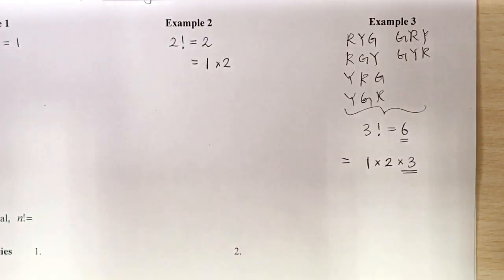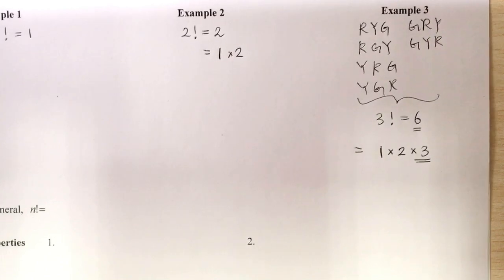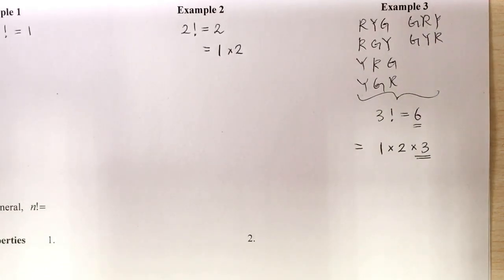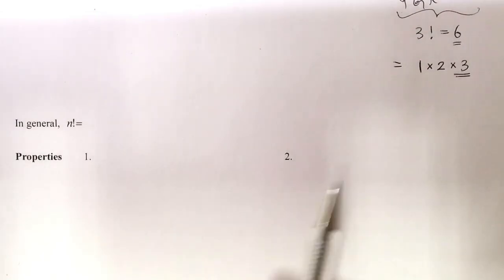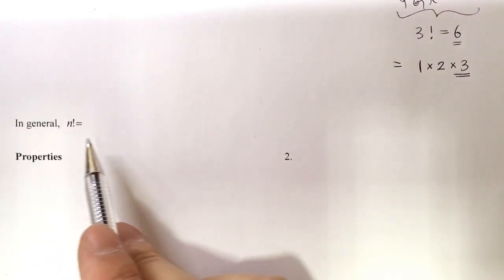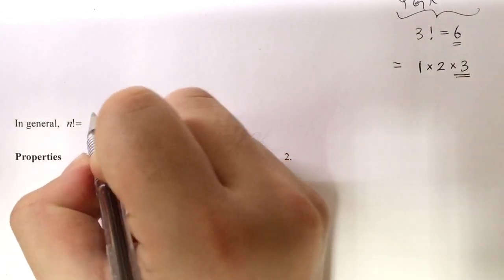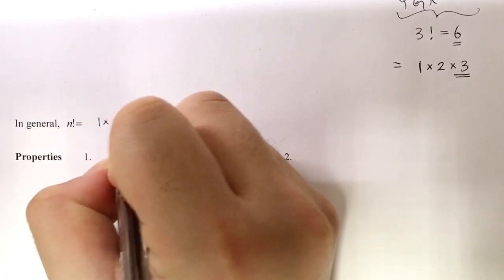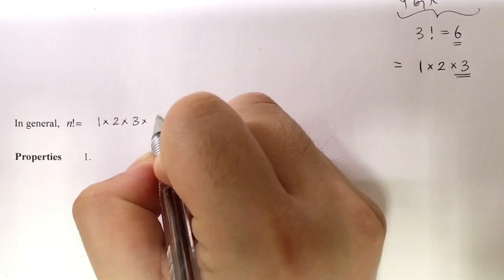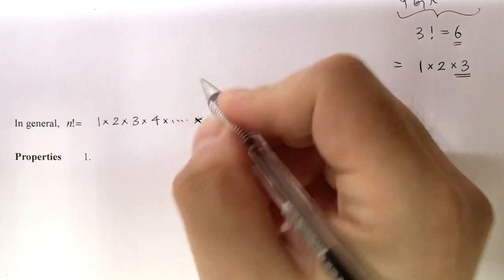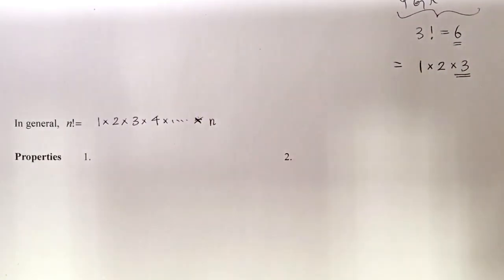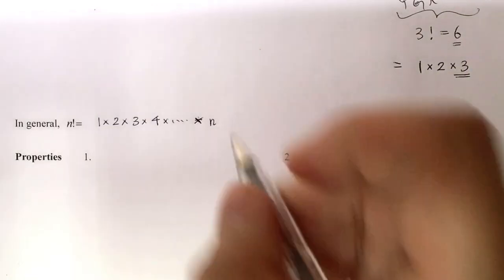Okay, so in general, we don't use so many coins for the demonstration, and we can know in general the n factorial is to start from 1 and multiply all the object numbers up to the last one we placed.